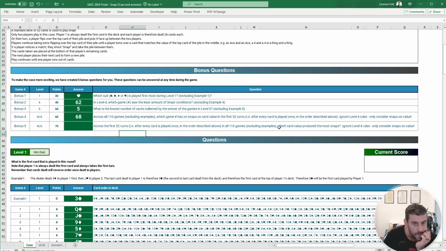Which card produced the most snaps? So I don't need level 6 logic. Which card number?